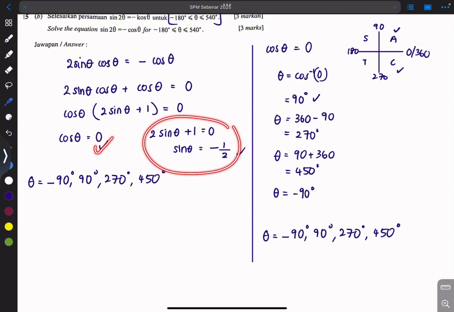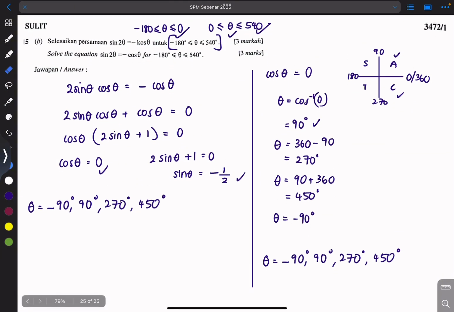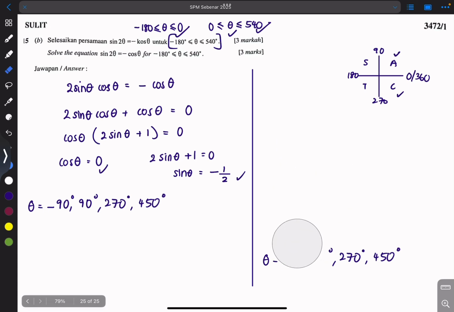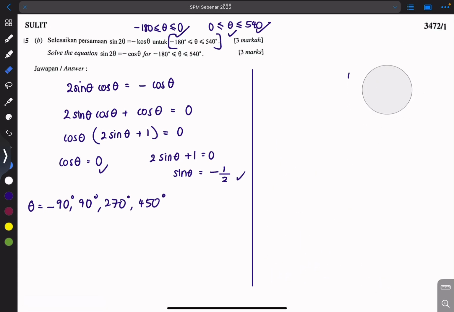Now we need to solve this part. It's basically the same thing, just a bit different. So sine theta is negative 1 over 2. Whenever we get negative values, first step is always to find the acute angle. So we use a different alphabet. So shift sine 1 over 2.